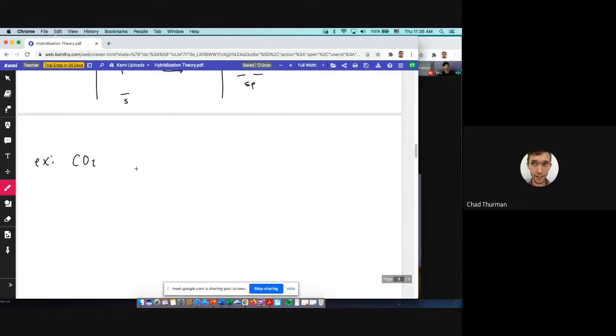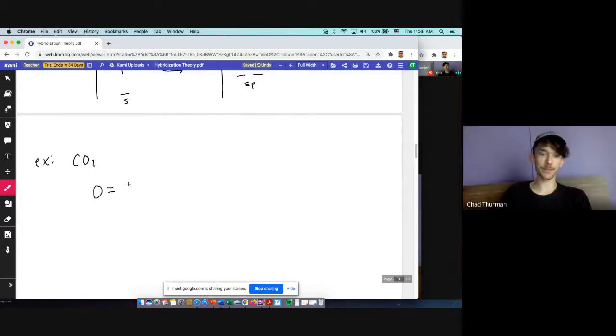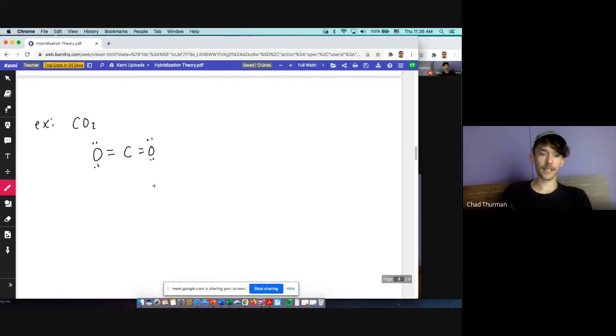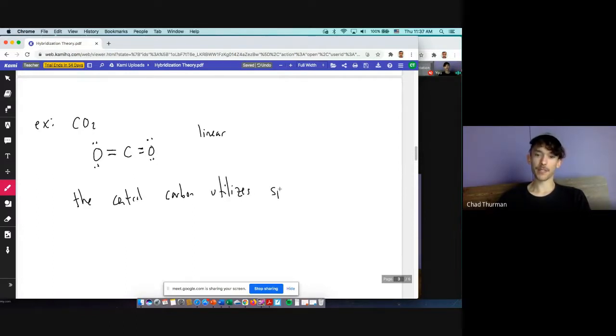We do the Lewis structure for carbon dioxide. This is one that you all should have memorized, really. It's going to look like this. And this is linear, right? So I'm going to say that the central carbon has two electron domains, 1, 2, regions around it where electrons show up. So I'm going to say that it utilizes sp hybridization.